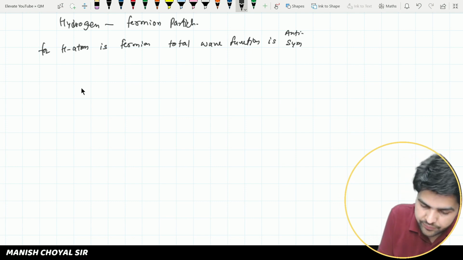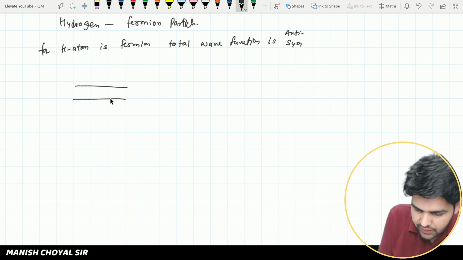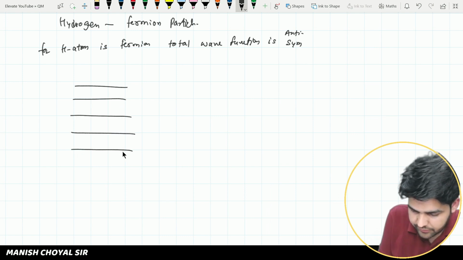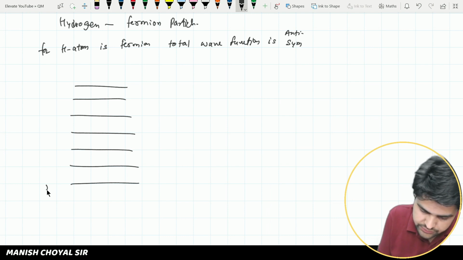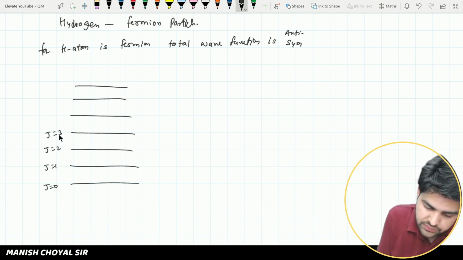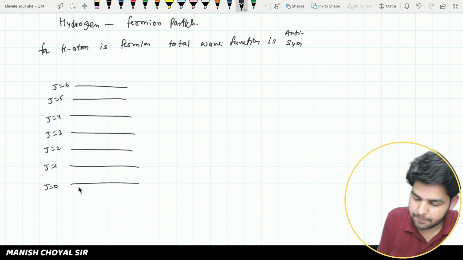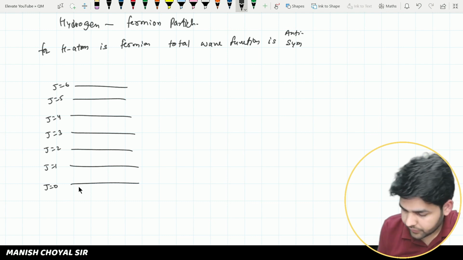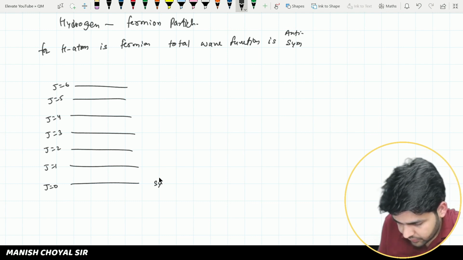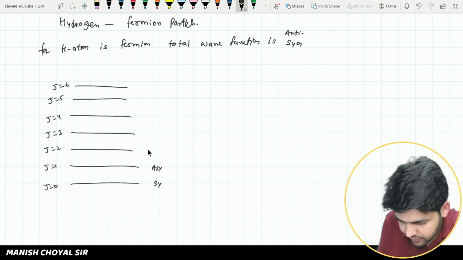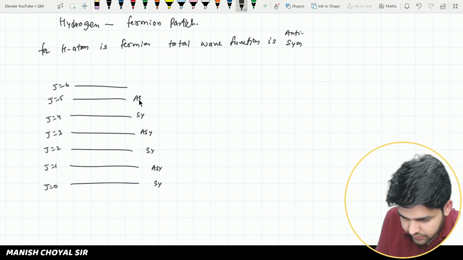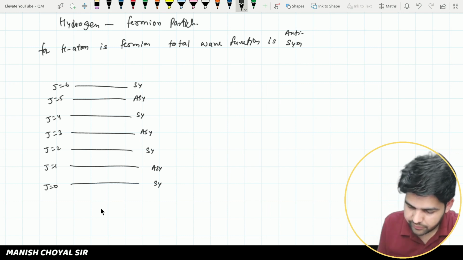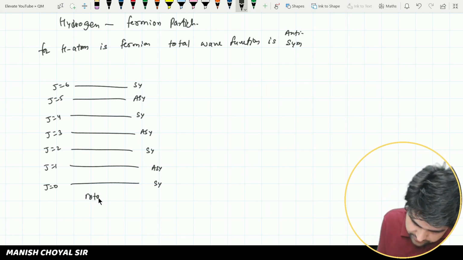Okay, so we have J levels here: J equals 0, 1, 2, 3, 4, 5, and 6. This is symmetric, antisymmetric, symmetric, antisymmetric, symmetric, antisymmetric, and symmetric. These are the rotational levels.